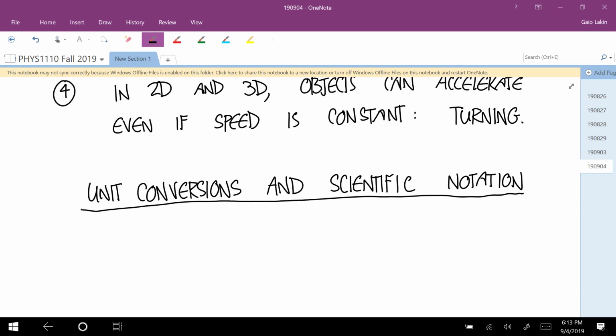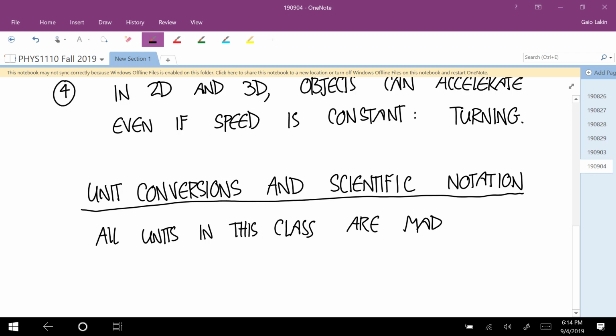Well, they can be individual ones, but all units in this class are made up of 3 basic unit types.